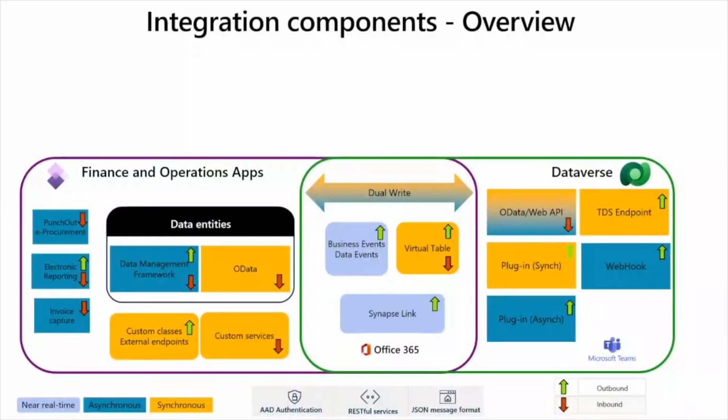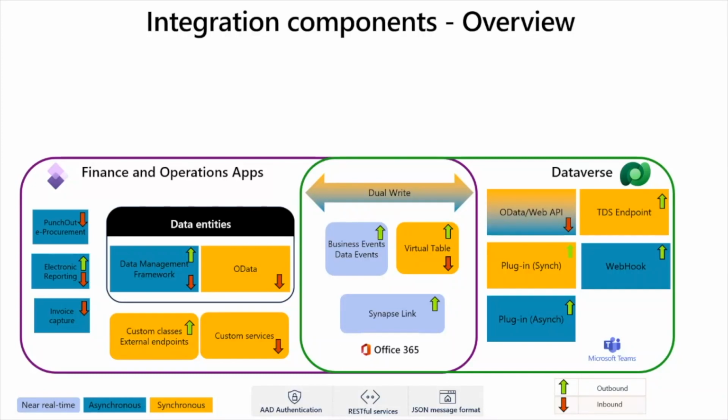In this slide, we want to show you all the main options that we have to integrate with Dataverse and D365 using the previous categorization. Here we group the fundamental endpoints by the platform they apply to, Dataverse and F&O or both, and the color schema indicates if the endpoint is meant to be used in synchronous, asynchronous, or near real time, while the arrows indicate if the endpoint is used for inbound or outbound communication.